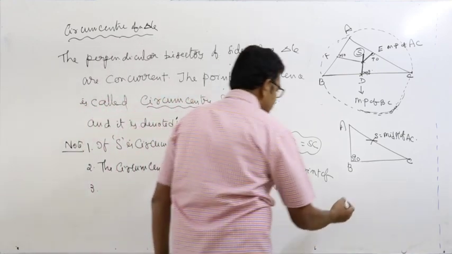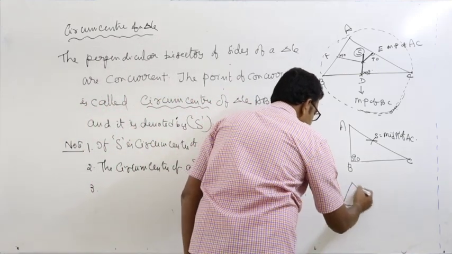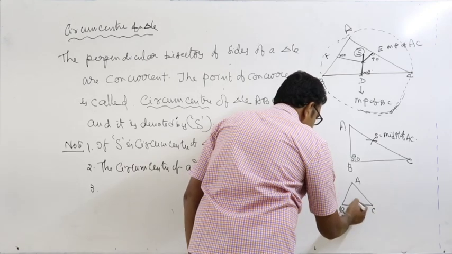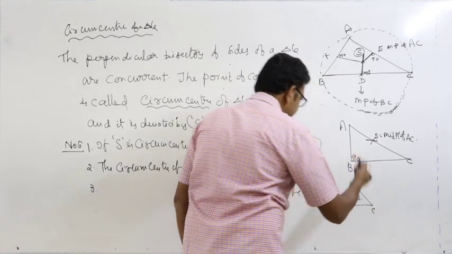Suppose the triangle ABC is an acute angled triangle. Then the circumcenter lies inside.